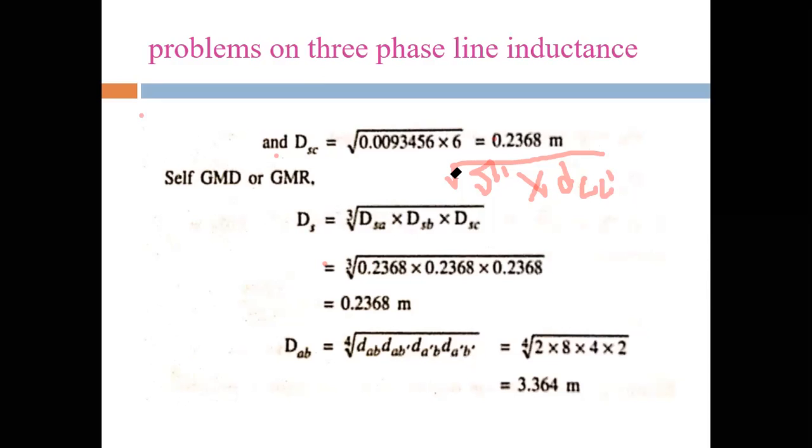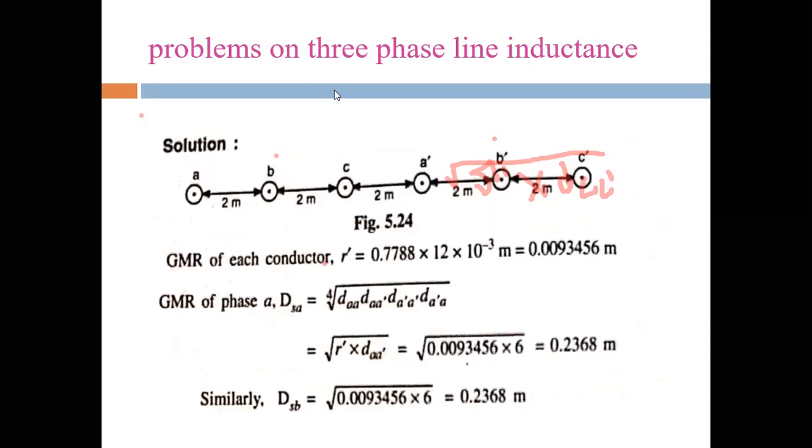Next, what is the distance between C to C dash? That will be observed in this diagram. C to A dash is 2 meters, plus A dash to B dash is 2 meters, plus B dash to C dash is also 2 meters.